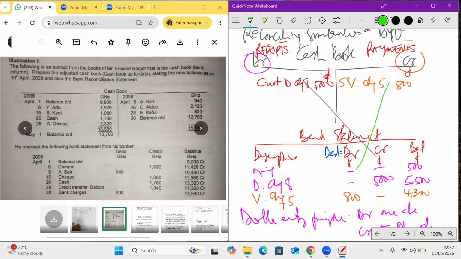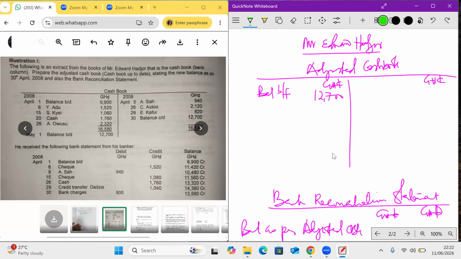That's what we are going to do. So in the adjusted cash book, we have 12,700. We'll be asking ourselves on the debit side, what figures or check numbers or values are on the debit side but are not on the credit side? That's the first thing we do.